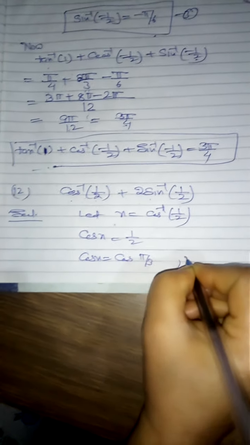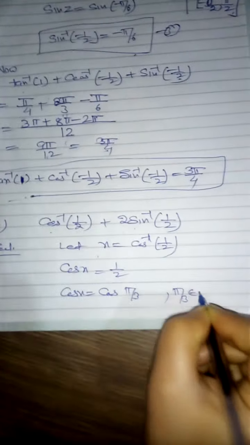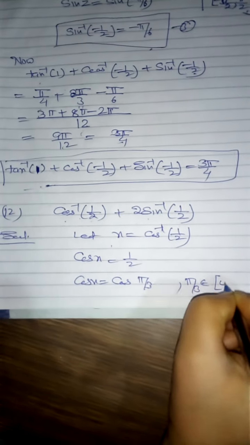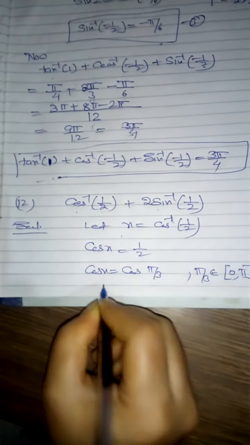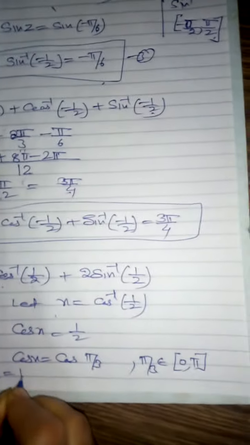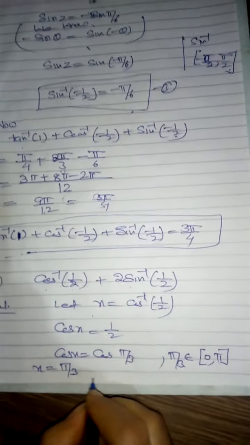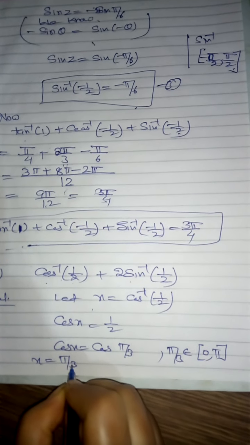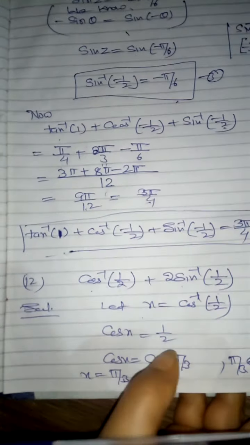So pi by 3 belongs to the range of cos inverse, that is 0 to pi. Now what is the value of x? Pi by 3. It means x equals pi by 3. We will write here the value of cos inverse half is pi by 3.